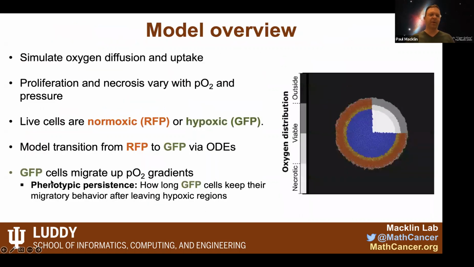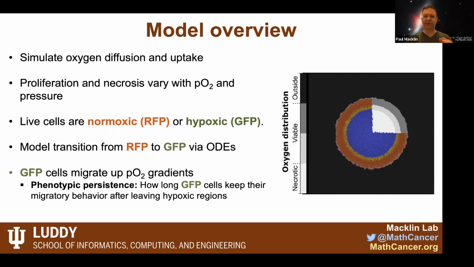And so we built a model to model not just the cancer, but also this tracking system. So we simulate oxygen diffusion and uptake. We made proliferation vary with oxygenation and with mechanical pressure. So if a cell is too squeezed, we'll downregulate proliferation. Live cells in the normoxic zone are red, just like in the engineered system, or they are green if they've been hypoxic for long enough.